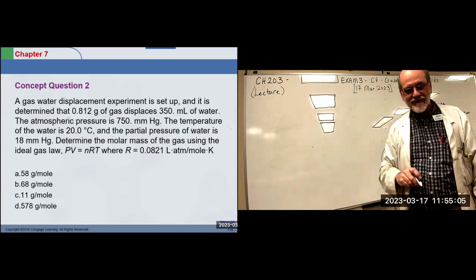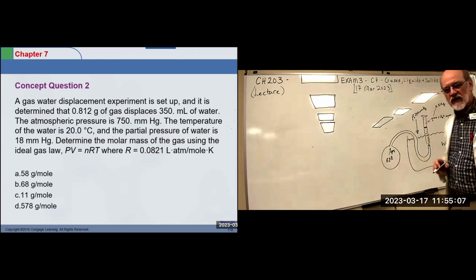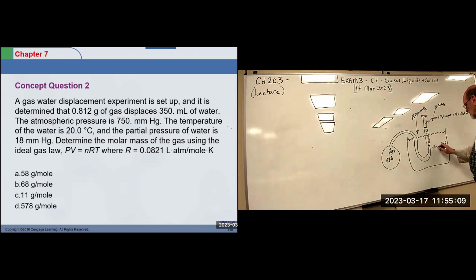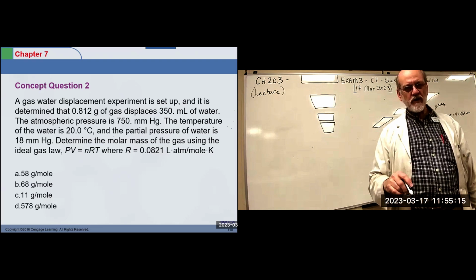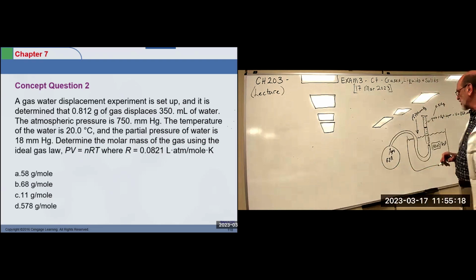All right. Temperature of the water is 20 degrees C. And the partial pressure of water is 18 millimeters of mercury. So the partial pressure here equals 18 millimeters of mercury. Right there.